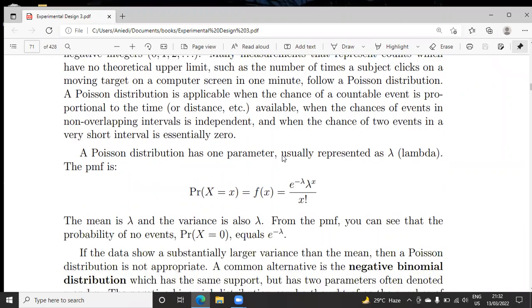A typical example of Poisson distribution is waiting time. For example, you go to a fuel station. Even if there are several pumps, each pump follows a Poisson distribution because the attendant can only attend to one person at a time. The attendant at the other pump can only attend to one person at a time.